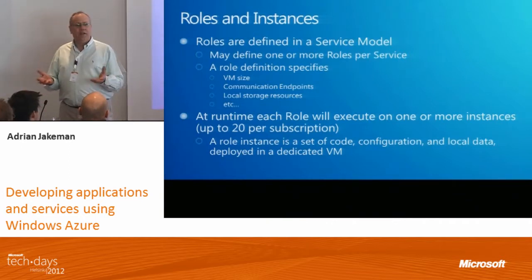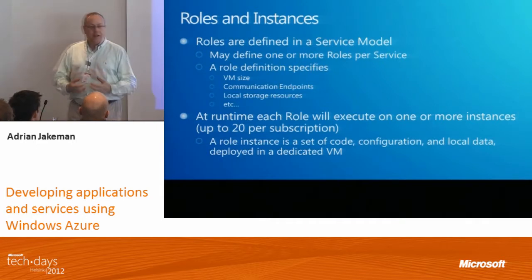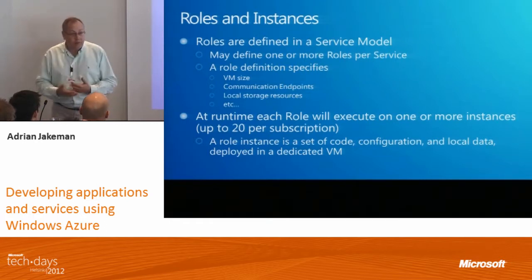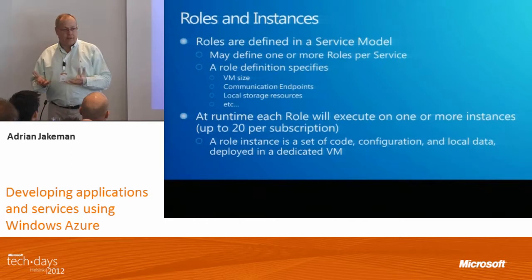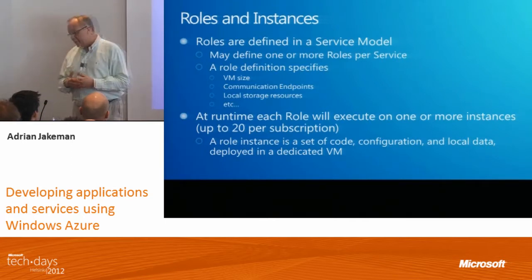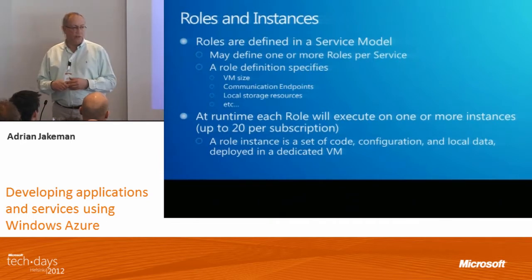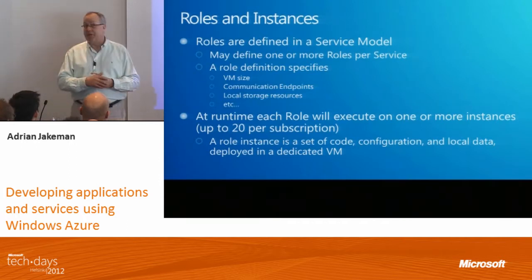This just sounds a complete nightmare and sounds very difficult to deal with. But essentially it means that within my hosted service, I can have a maximum of 5 roles, and within all of my subscription, all of my hosted services, I can have up to a maximum of 20 roles in the default configuration for Windows Azure. But if you want more than that, it's a telephone call and a bit more conversation with Microsoft to help you out on that.